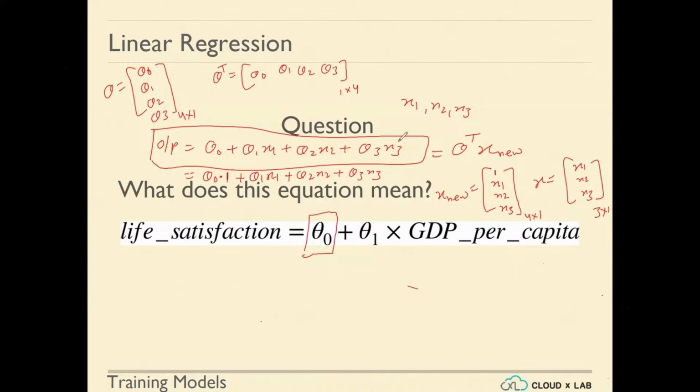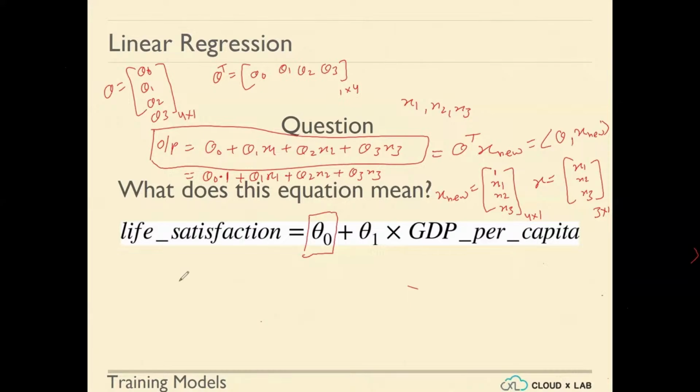Now what exactly are we doing here? We are performing a dot product between theta and x new, right? If you perform the dot product between theta and x new, what value will you get? Theta transpose x new, and you will get the same value.